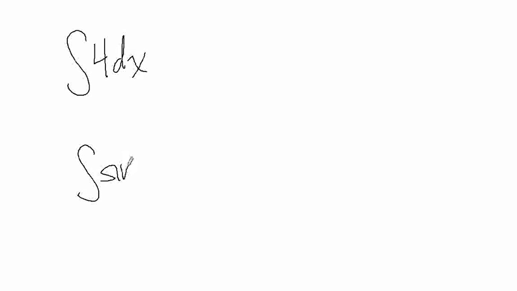So what is the antiderivative of the number 4 with respect to x? Also, what is the antiderivative of the sine of x with respect to dx? So pause the video and think about what you might guess those are.